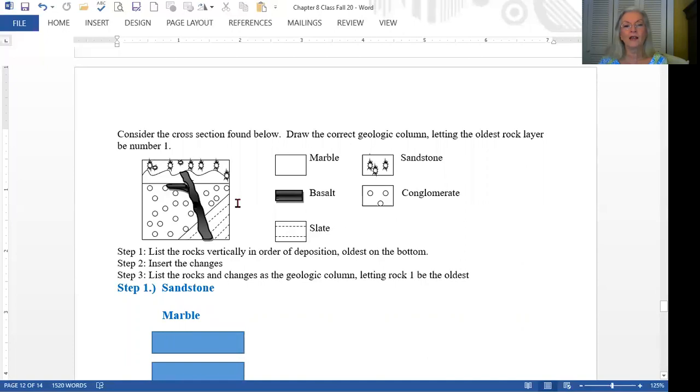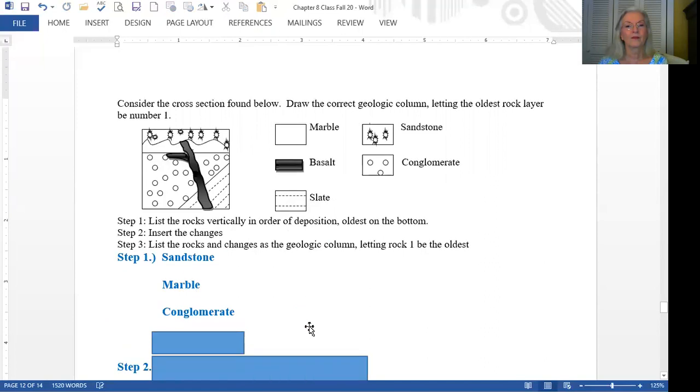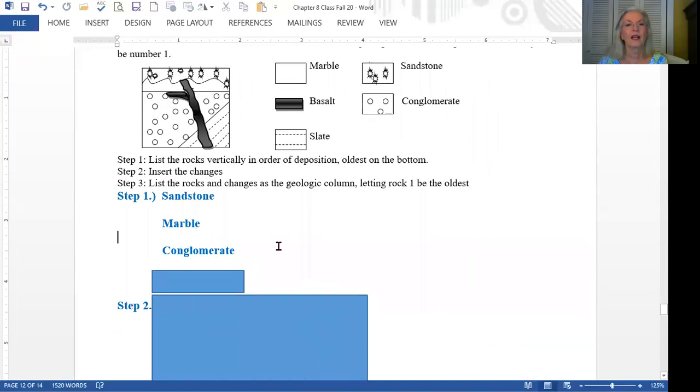Directly below that is our conglomerate. So that's what I'll write down, conglomerate. We're almost done. And so we had sandstone and then marble and conglomerate. We said we would ignore the igneous intrusion right now because that's not really a rock layer. And now we have this.